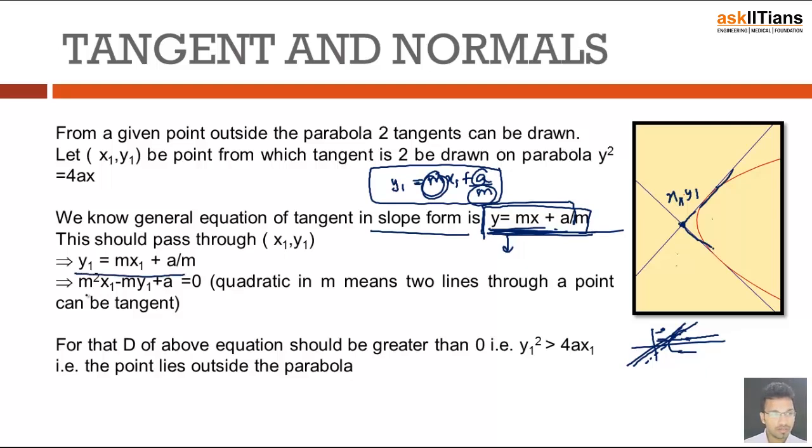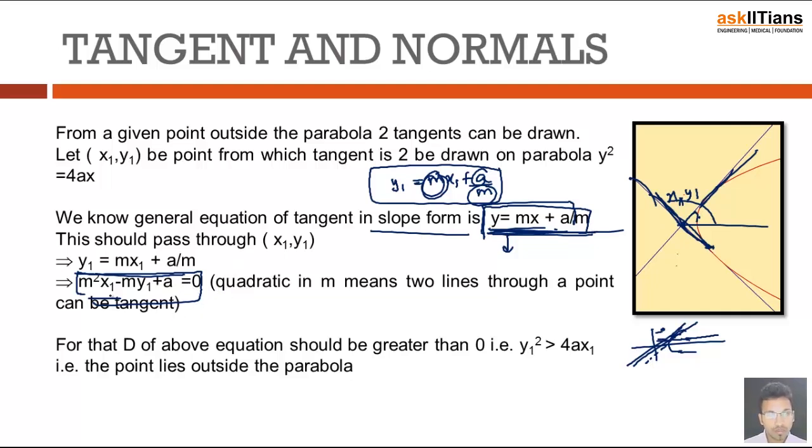Once we do it, it becomes a quadratic in m. Now what does that mean? A quadratic in m means we will have two slopes. One will correspond to this line and the other to the second line. So clearly this is the condition of having at most two tangents from an external point.